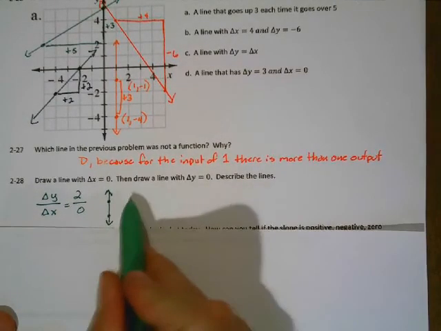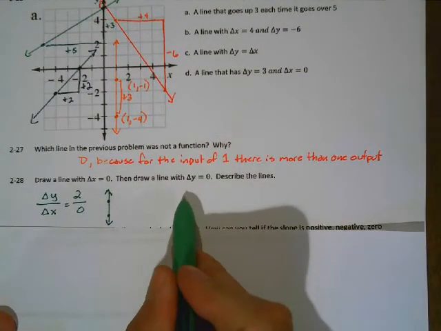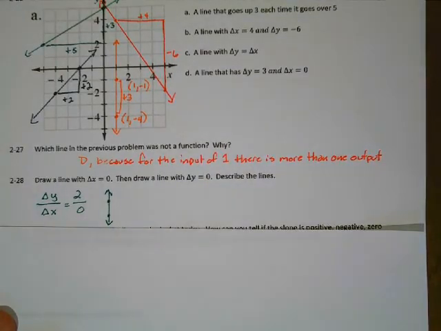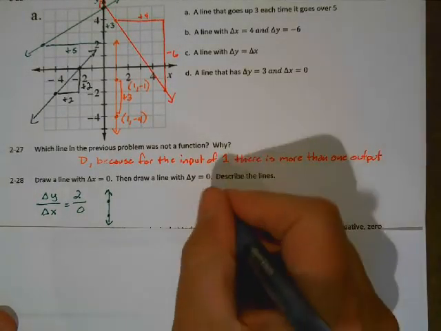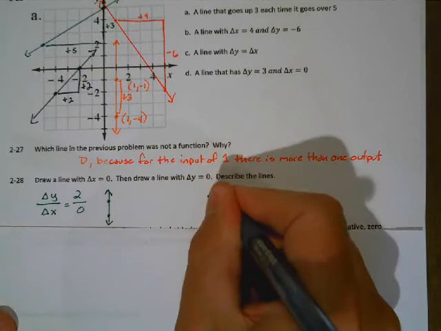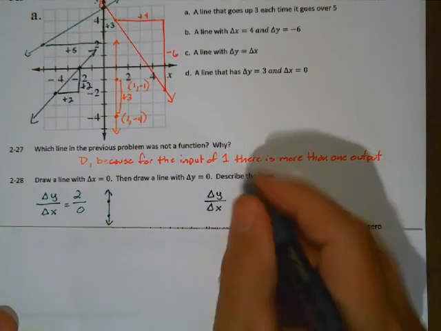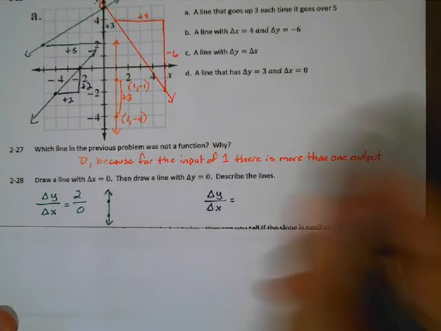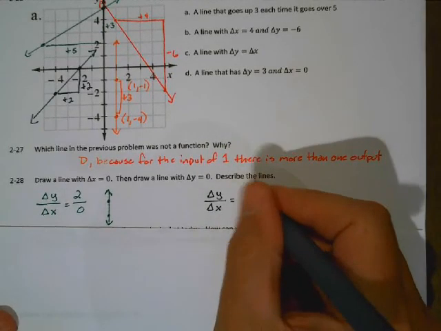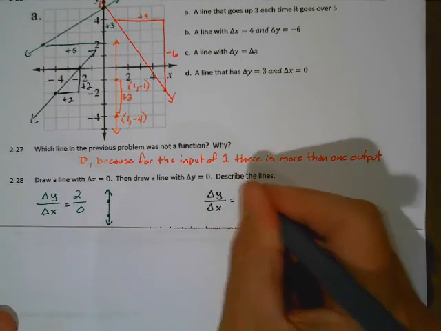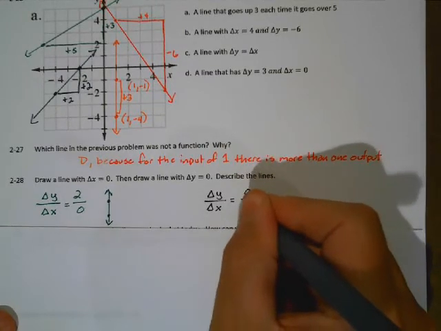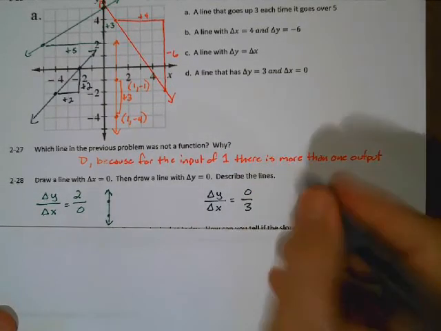Okay, then draw a line with a change in y of 0. So we've got change in y over the change in x. So for this one, we would say the change in y has to be 0, and let's just make the change in x 3, just because I wanted to.